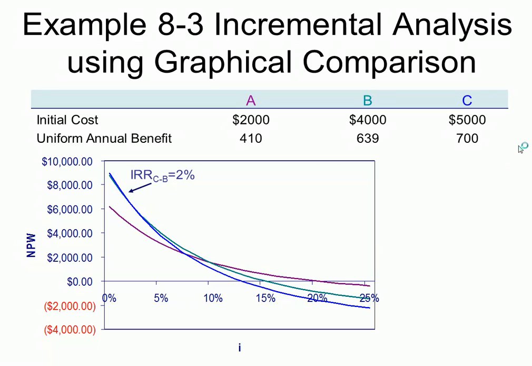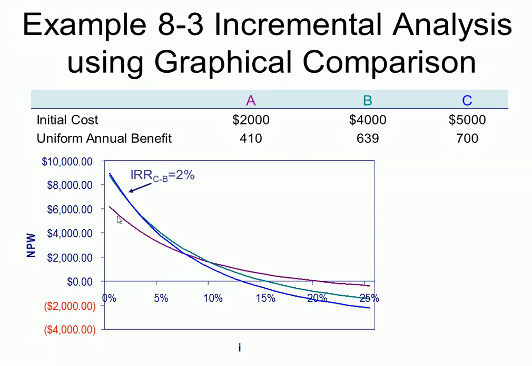If you were to find the net present worth of these alternatives, again, I don't give you the information regarding the years, but let's just look at the graphical comparison. This plot represents these 3 alternatives, with different colors for different alternatives.